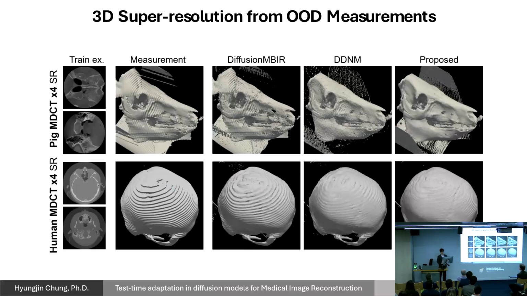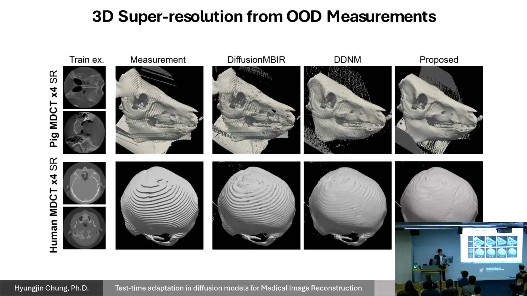Now, the previous method that I talked about, DDIP, and all those variants, the experiments there were mostly focused on inverse crime, where we usually tested with simulated measurements. And now, in the follow-up work, we tried to extend this to a real-world imaging case where the problem was super resolution of 3D CT scans.